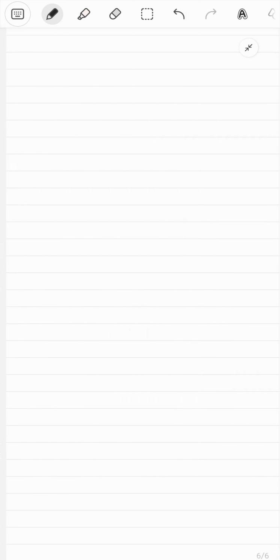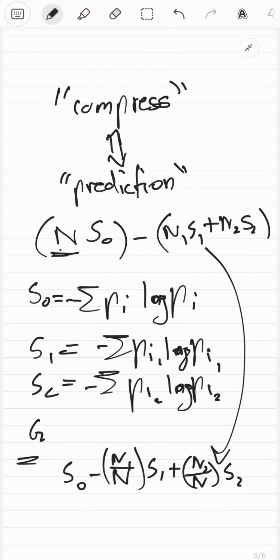It's particularly useful for decision trees. I don't know how to relate this to models in general, because in general what we actually use is something called cross entropy, which I don't want to get into right now. But yes, this is a metric for classification.